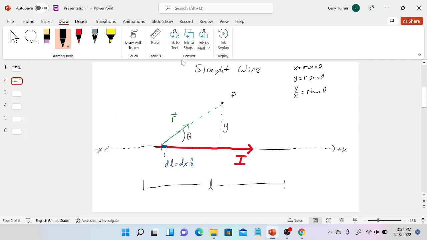Now, we can start by writing out the whole Biot-Savart Law in its glory. And I have not mentioned anything about mu naught yet.